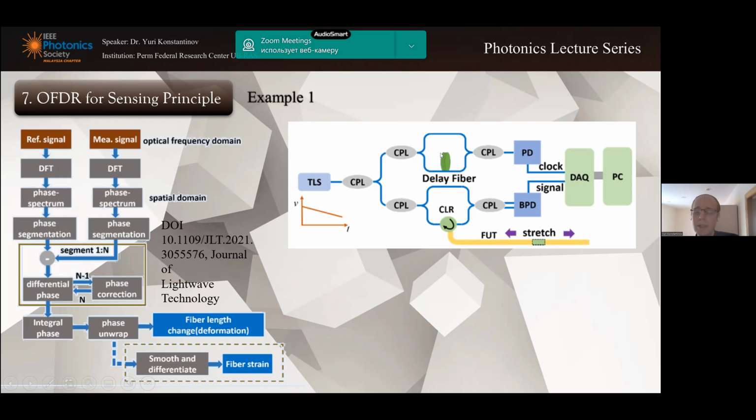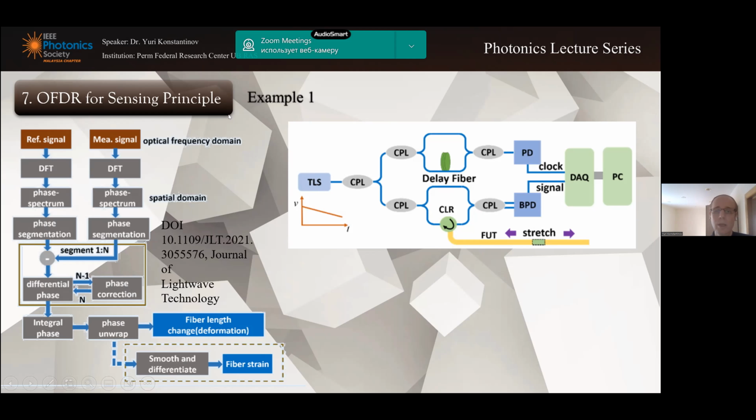And we can see the auxiliary or additional or clock interferometer, which is used to compensate the nonlinearity of the laser frequency. And after that, both of these signals go to the digital acquisition part of this setup. And after that, we can do some mathematical operations.